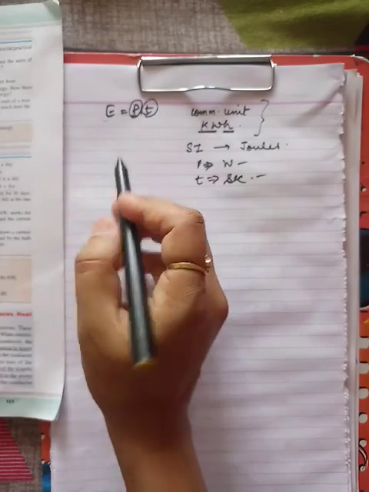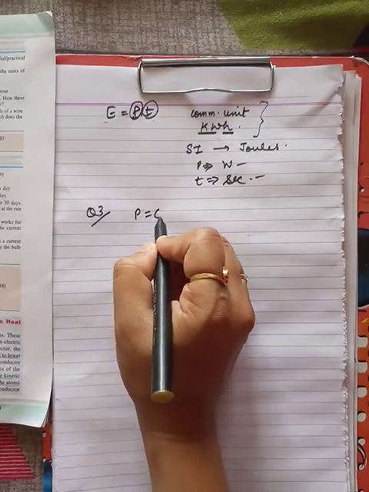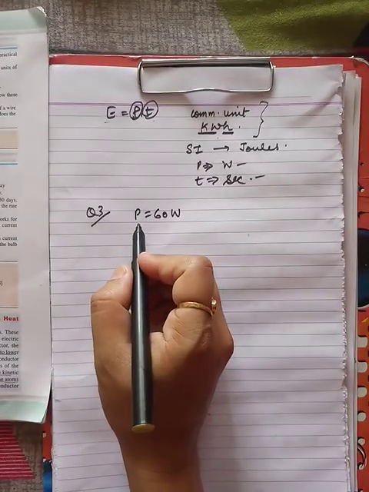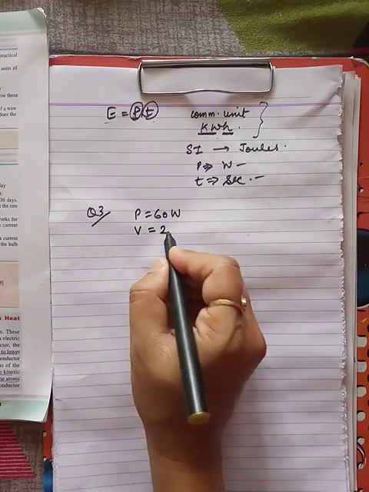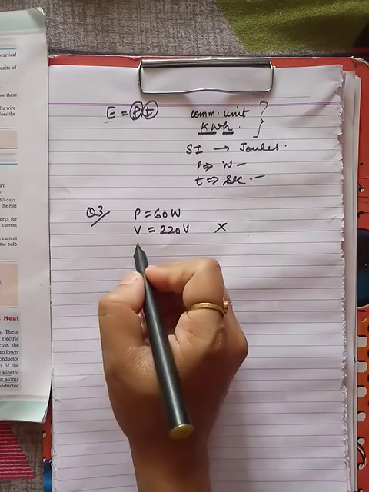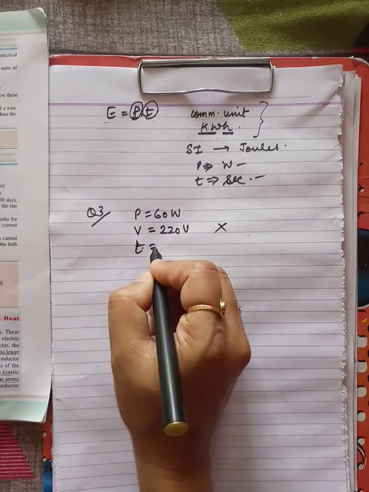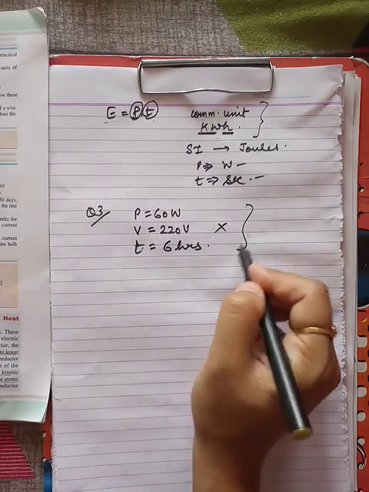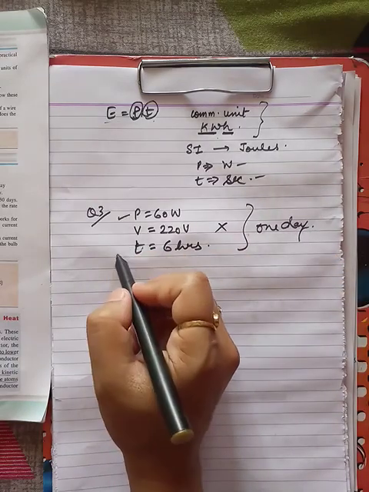So first of all we will write down power is equal to 60 watt, and 220 volt is given, which is not actually required, but time is 6 hours for 1 day, so we need this and this.